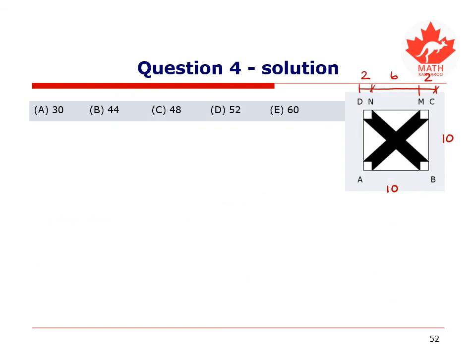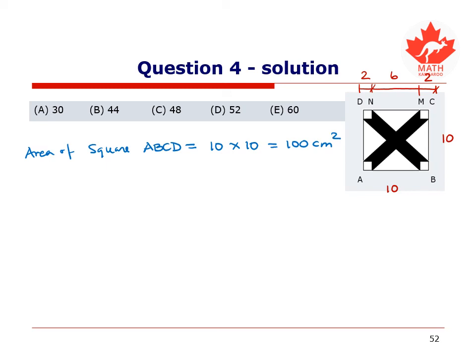So let's start by finding the area of the square ABCD. The side lengths of our square are 10 centimeters, and the area for a square is length times width, so it's 10 centimeters by 10 centimeters, or 100 centimeters squared.